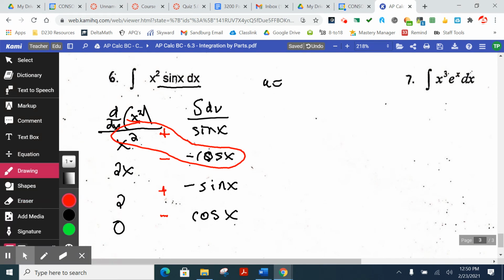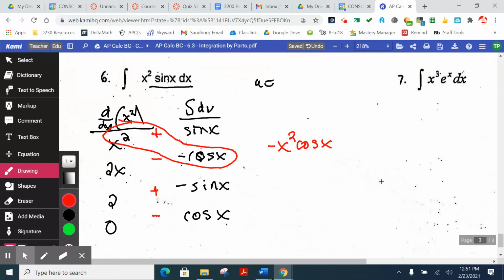So our answer should be x squared times a negative cosine. So that's going to be a negative x squared cosine. And since the first sign was a positive sign, that just means you keep the naturally occurring sign. So since it was negative, you leave it negative. The next product would have been this 2x and a negative sine of x. So we initially would have a negative 2x sine of x.